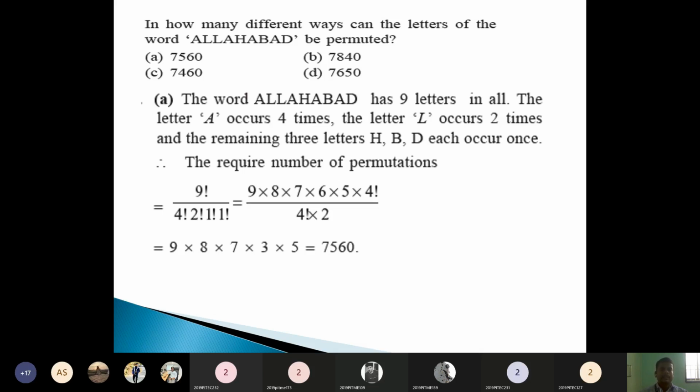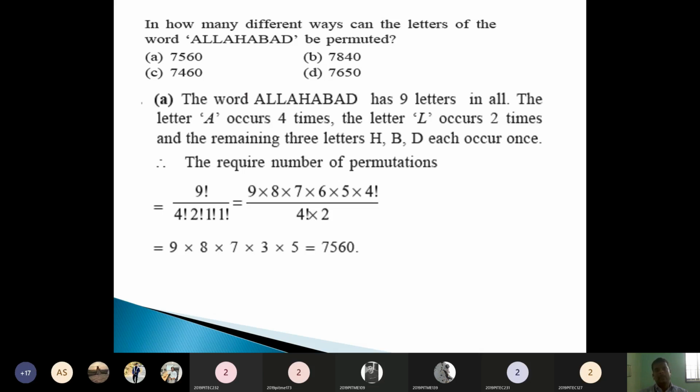That's it. So that is 9 factorial divided by 4 factorial into 2 factorial. Simplify, you'll get 7,560 ways. Here, no additional condition is added, so based on the additional condition, you have to identify.